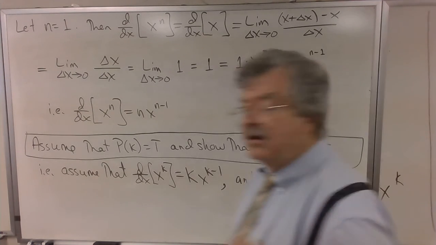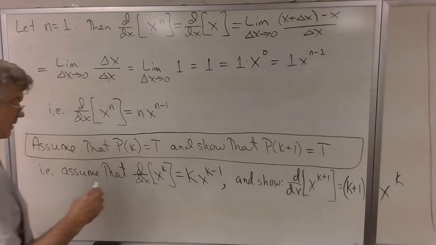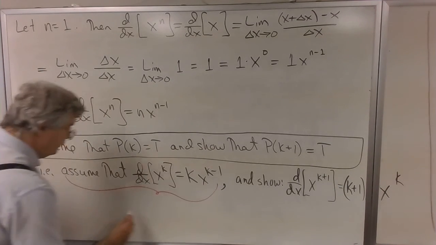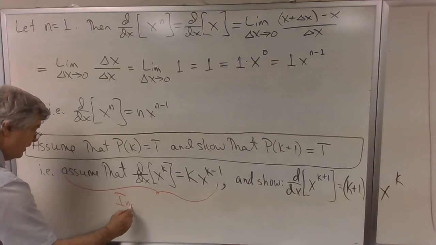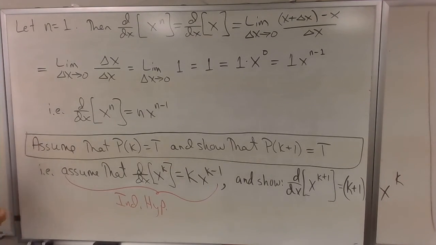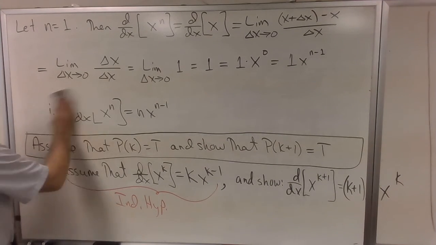Now, in an induction proof, we have the right to assume that our induction hypothesis is true. And there it is. Here's our induction hypothesis. We have the right to assume that that's true. And the proof gets really, really simple from this point on.